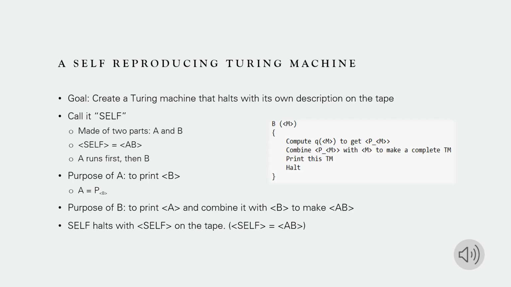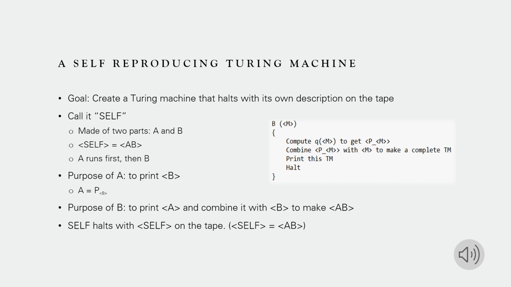Now, based on the computable function, we will see how a self-reproducing Turing machine works. The goal is to create a Turing machine that writes its own description on the tape. We call it SELF. SELF is made of two parts, A and B. Here SELF equals AB.